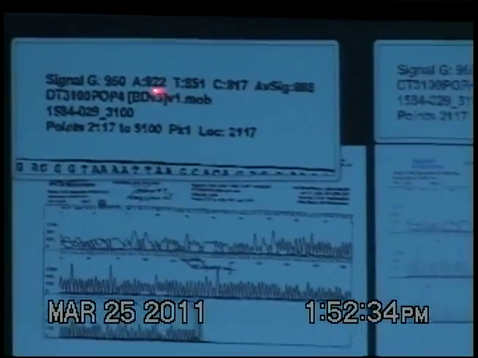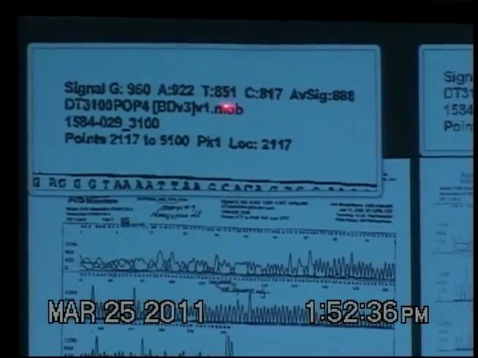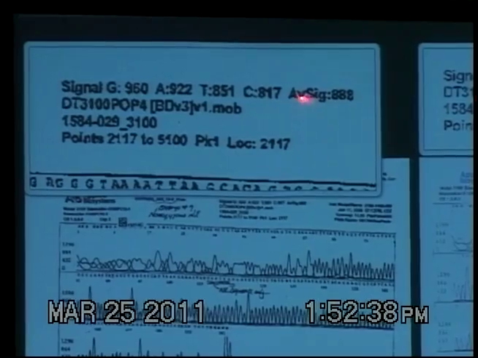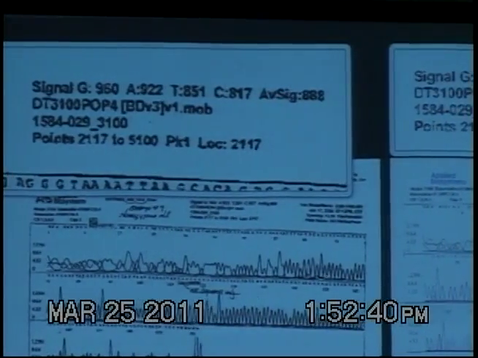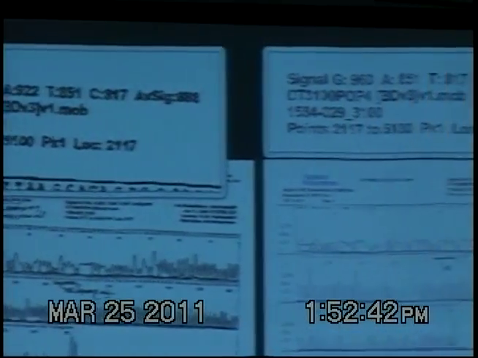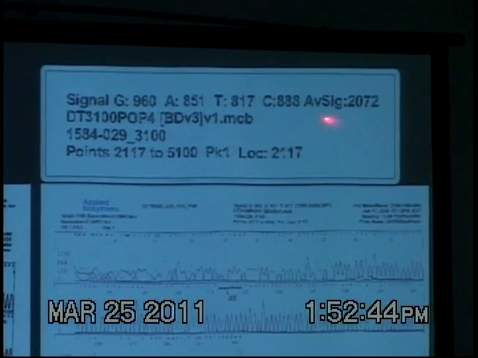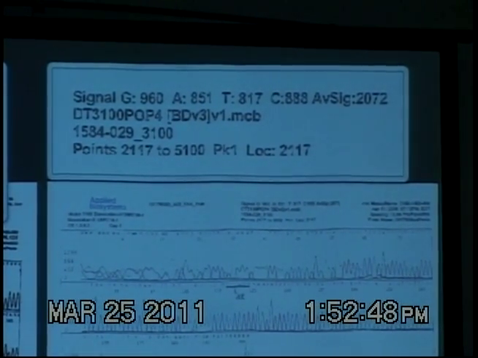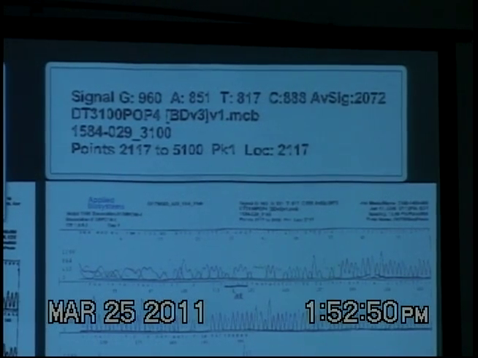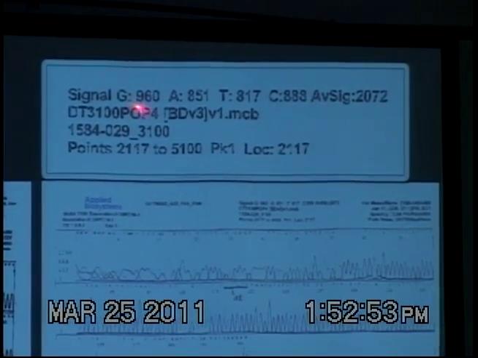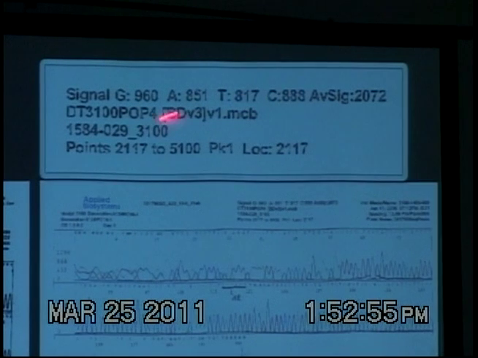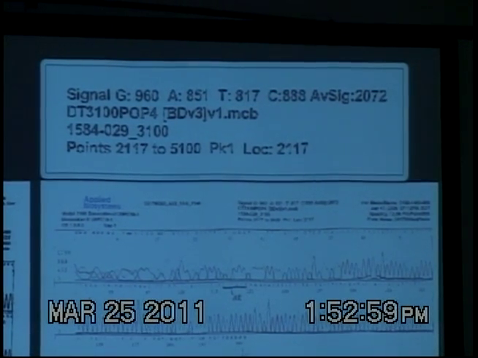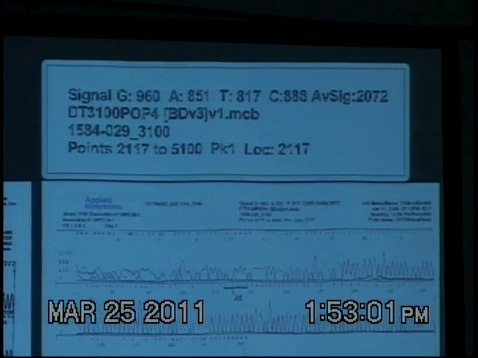Remember, the A became the T, or the T became the A, and the C became the T, and the average signal became the C. We see this average signal of 2072 repeat itself in number 9, which is neither the average of those four numbers nor the sum of those four numbers. You can tell that easily by looking, can't you? Yep. Once again, no explanation for that? No.